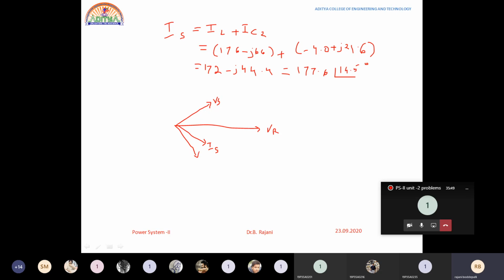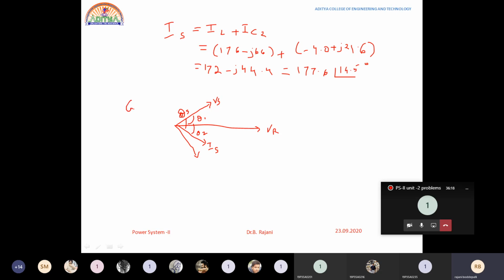This is the IR current. IR lags VR. And the angle made by IS and VR, let us suppose this is theta 2 and this is theta 1. Between IS and VS, what is it called? It is nothing but theta S.